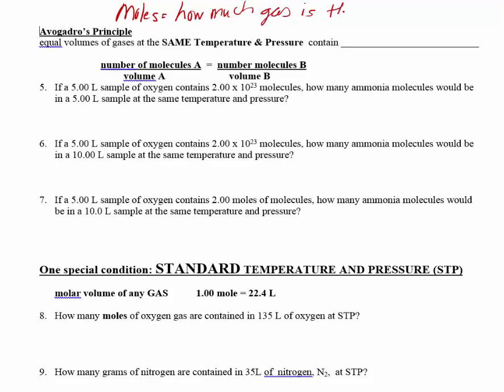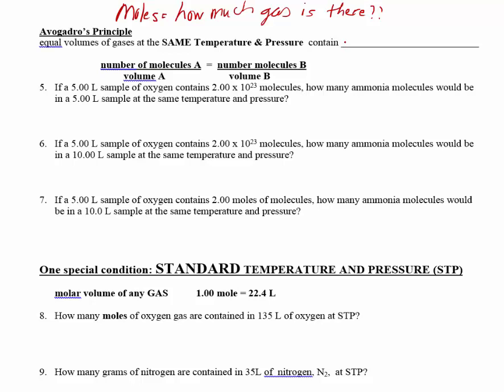In chemistry, we talk about it in moles. If you have 2 moles compared to 1 mole, you have more stuff, more moles of gas. So this math makes more sense. If I have more stuff, it's going to have a higher pressure and occupy a greater volume, because more moles means more stuff, and it's going to need more space.